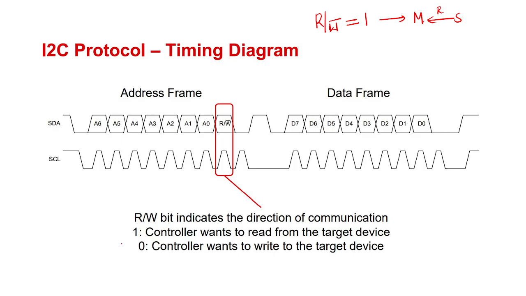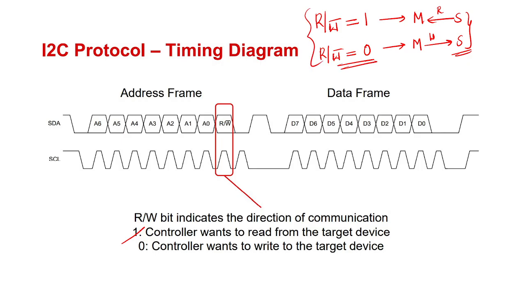When read by write bar equals 0, master should write to the target device. That means it should write the data to the slave, it should do the write operation. Okay, this is read by write bar.